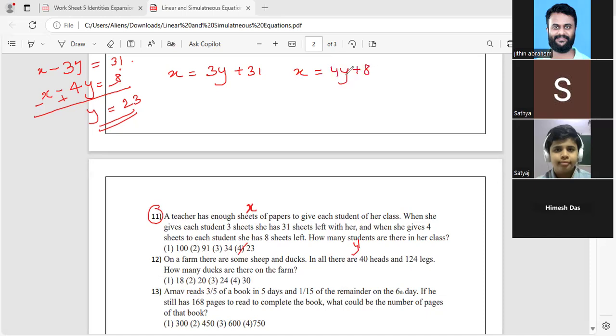So the sheets she has distributed plus what she is left with. When you combine these two equations, 3y plus 31 is equal to 4y plus 8. So when you take 3y to the other side, you'll have 4 minus 3, 1y. And when you take 8 to the other side, 31 minus 8, 23. So almost the same effort. It's not a big deal.